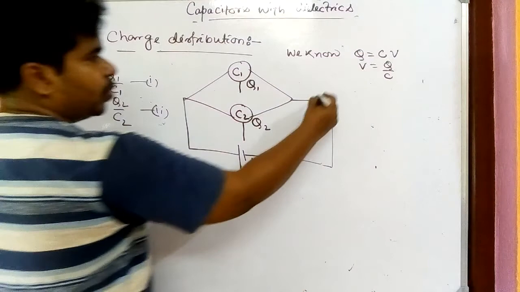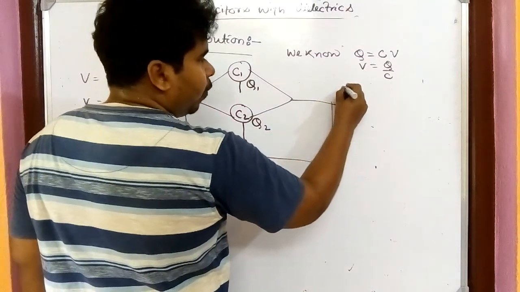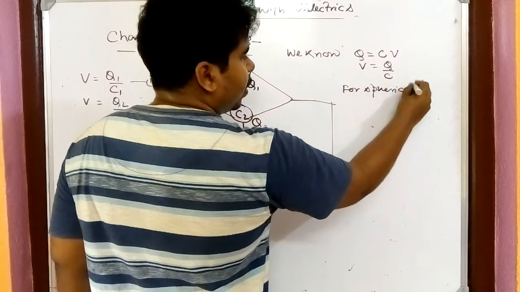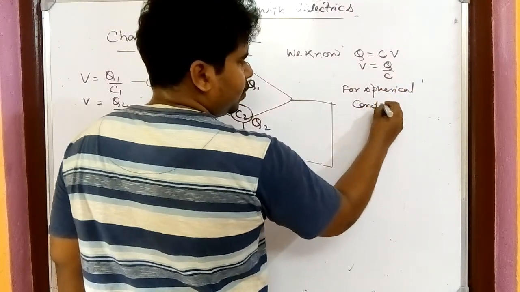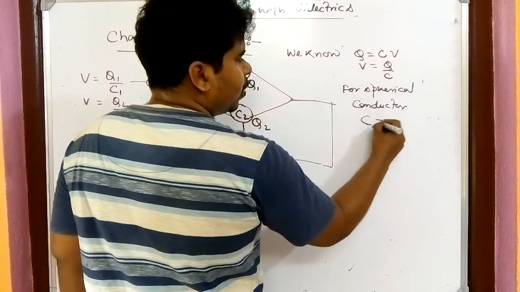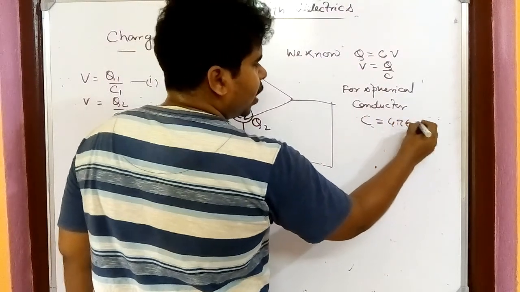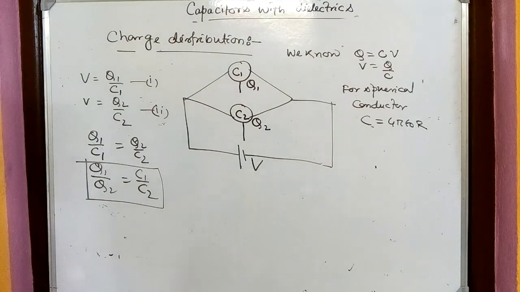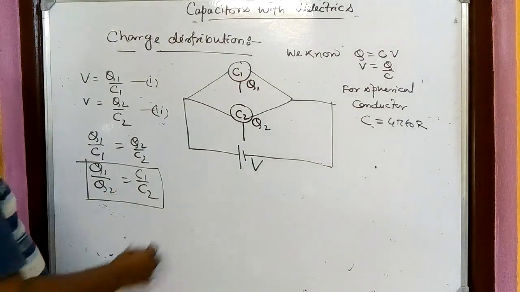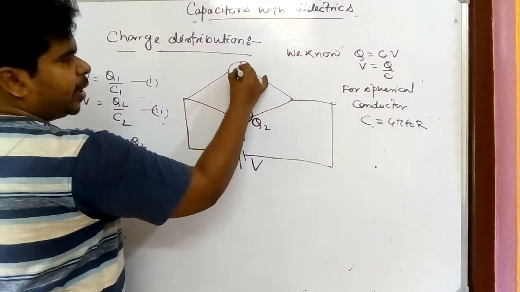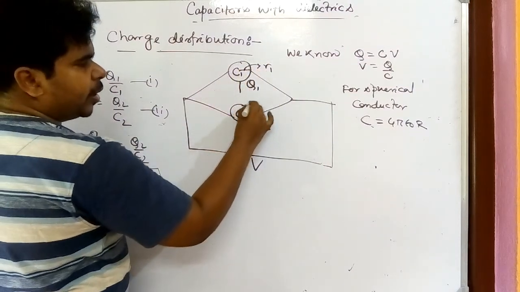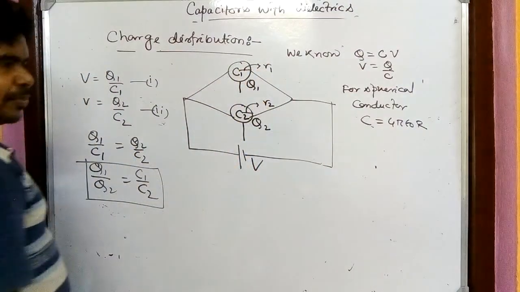Again we know that for a spherical conductor, C equals 4 pi epsilon naught R, we have done earlier. Here also, instead of C1, assume this radius is R1, this radius is R2.